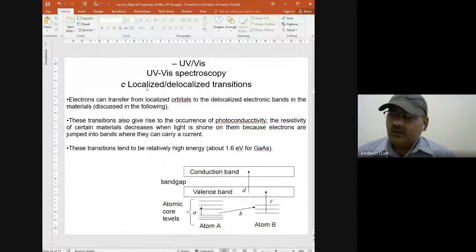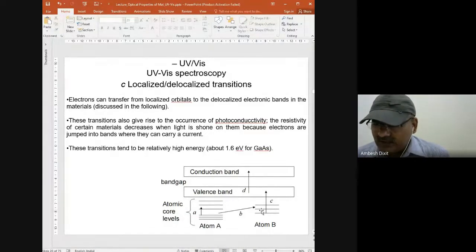Second is delocalized transitions, very important for very interesting phenomena. Here I have put the diagram, because from atoms we have localized electrons, like S, P, D, F; the innermost electrons are localized electrons, and the topmost electrons are delocalized electrons. Those form the band. So when the transition is happening from localized electrons to the delocalized band, we call that a localized to delocalized transition.